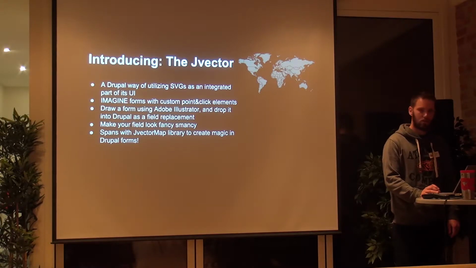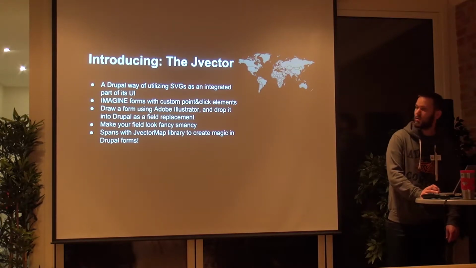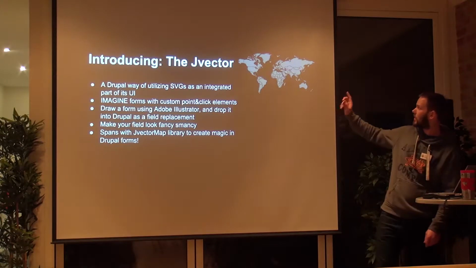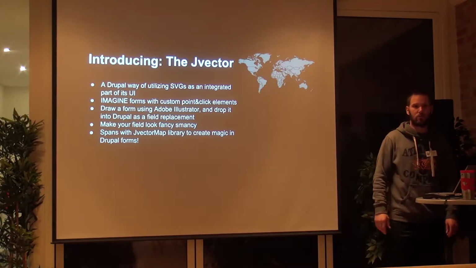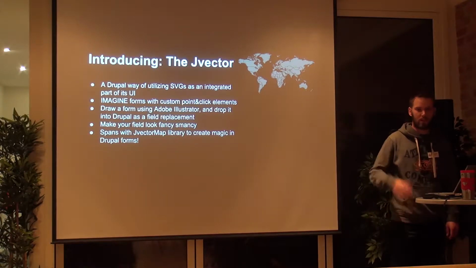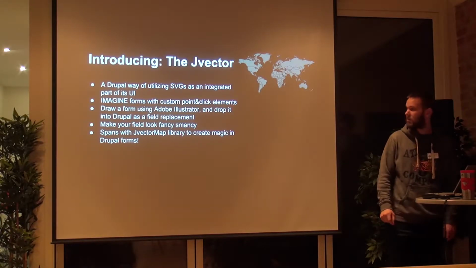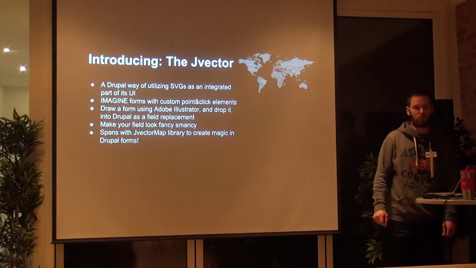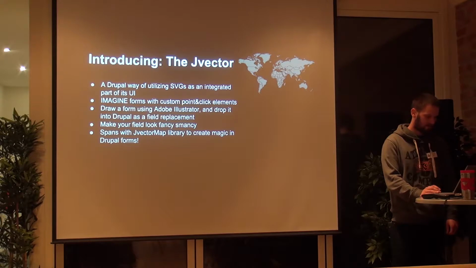It can make your fields look a little bit different, like the map over there, with just enabling the module and a little bit of configuration, and it's pretty much like scratching your nose. It takes that much time.